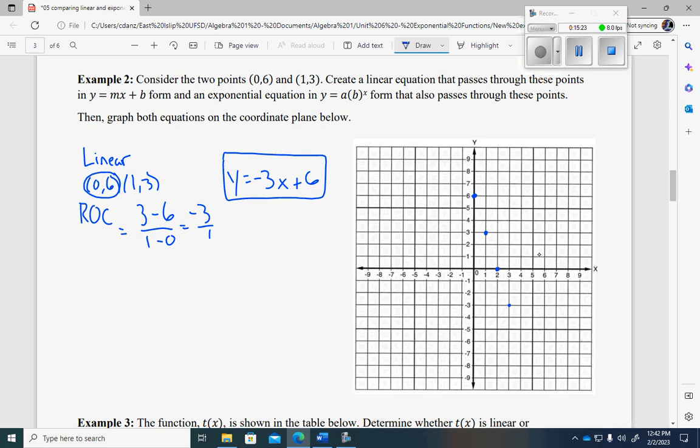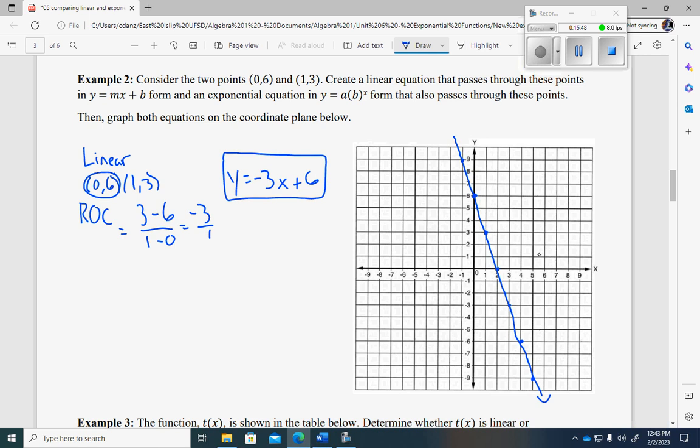Linear equations will go to positive infinity and negative infinity for the domain and for the range. Oops.